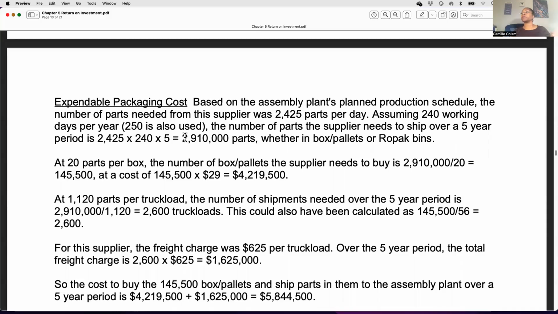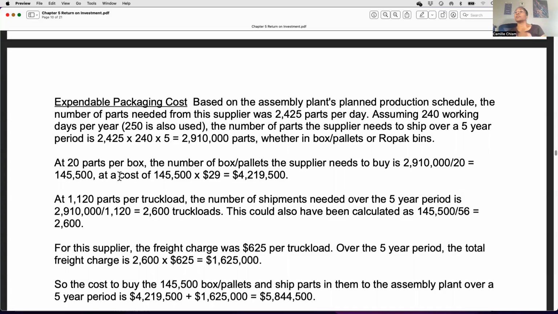Okay, so we know that per truck, you're shipping 1,120 parts. So that means you're going to take the number of parts that you're going to use over the 5-year period, that 2 million. Oh, wait a minute, I skipped over.